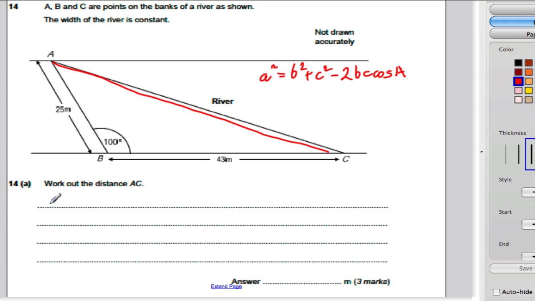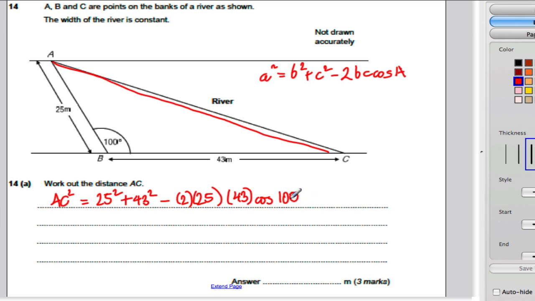So if I want to work out AC squared, it's going to be equal to 25 squared, one of the sides you know, plus 43 squared, minus 2 times 25 times 43, so 25, 43, and cos of the angle in between, so cos, and the angle in between these is 100.